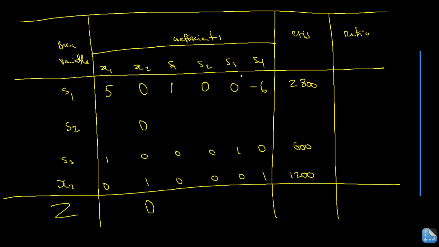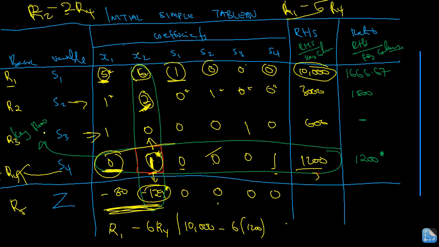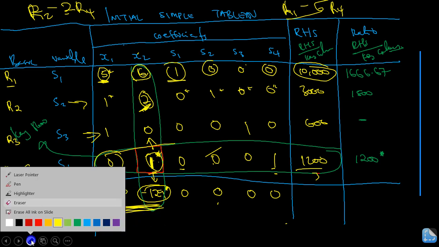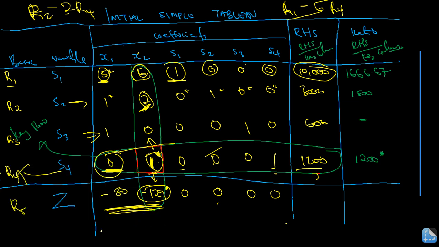We come to the next one, which is our row 2. Now if we remember the formula for row 2, it was R2 minus 2R4.